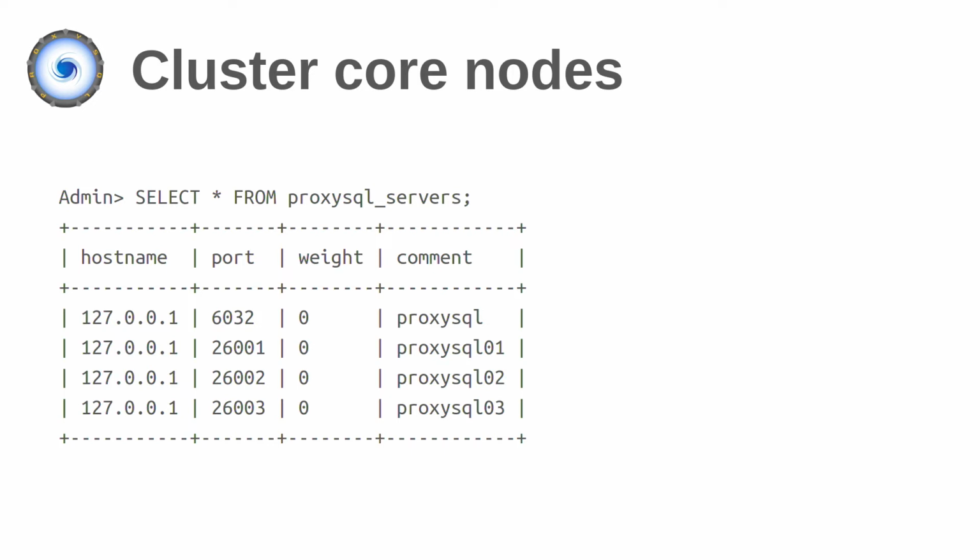The reason why I brought up this example of 4 proxies all running on the same server is that here we have 4 different ports. The hostname is the same, so they all have the same IP address, but they have 4 different ports, and they are still able to synchronize between each other even with a different port.